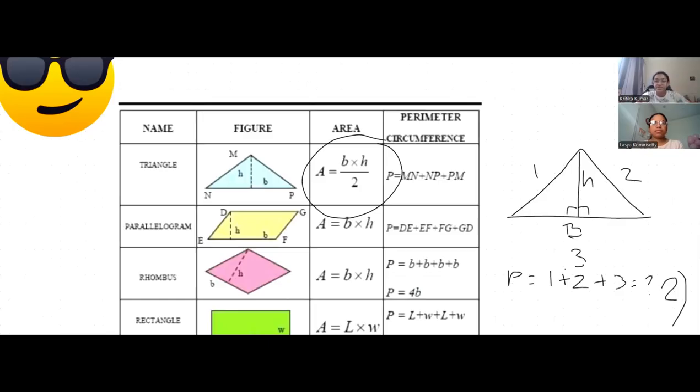So that is our perimeter. Our perimeter is just the sum of all sides, which is pretty simple, isn't it? But sometimes people would ask you to find a side, and you can also use the perimeter to do that. So pretty cool.